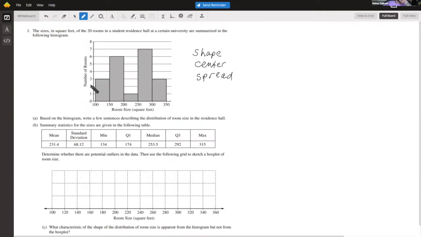What about the spread? So is spread just like what it ranges from, like 100 to 350? That's a good way to explain it. Yeah. So I would say it ranges from 100 square feet to 350 square feet. Mm-hmm. So far you hit 3 out of 4.